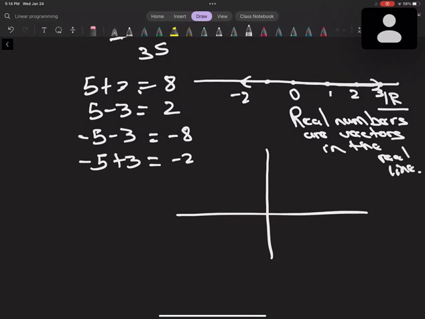However, you need more directions, right? Because this is good for when a car is moving to the right or to the left. Basically, you're pushing a mass in this direction or this direction, right?